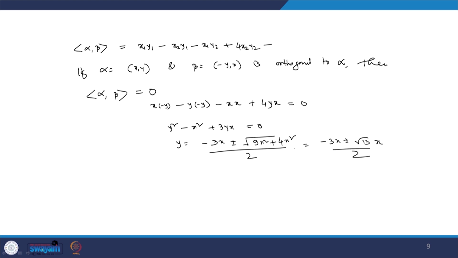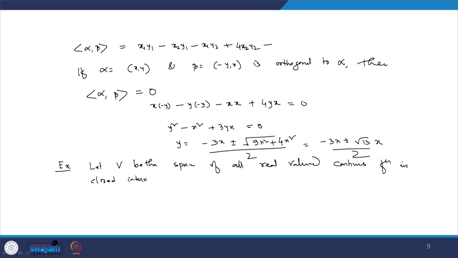Again, let me take another example over the space of continuous functions. Let V be the space of all real valued continuous functions in the closed interval minus pi to plus pi.